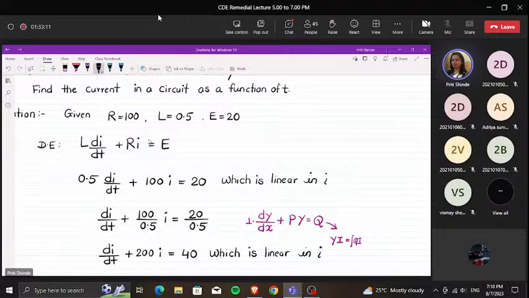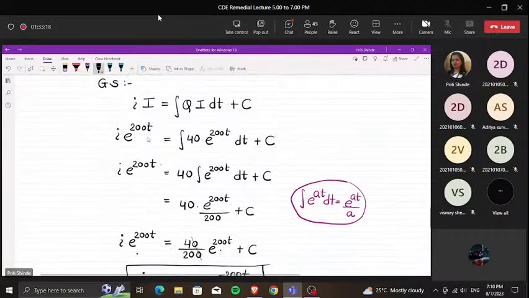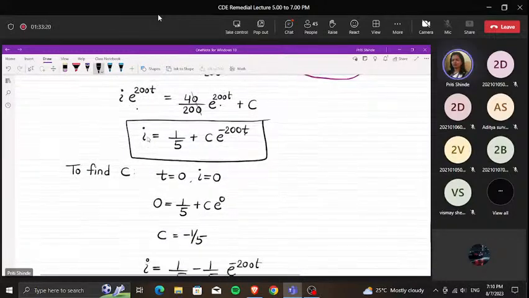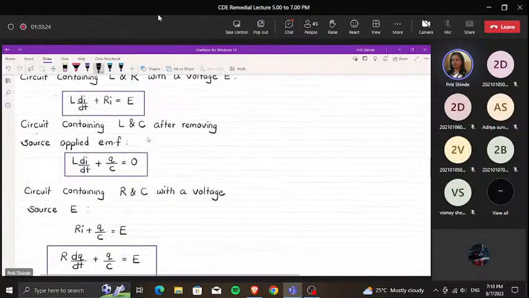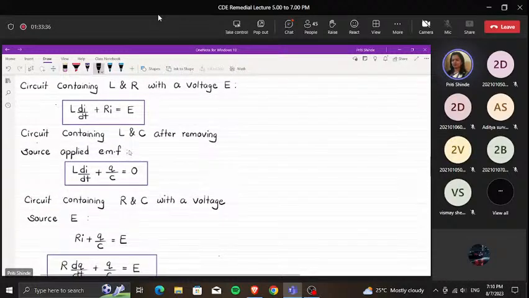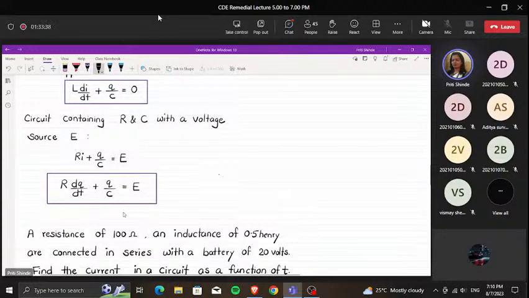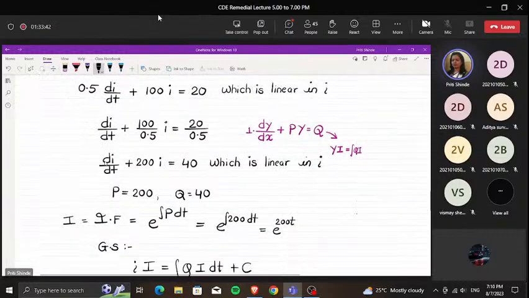Similarly, here you have to solve this linear differential equation in i. Find the integrating factor and the general solution. In the exam, any electric circuit can come. So you have to remember these three equations and solve accordingly. LR circuit is linear in i, RC circuit is linear in Q. So accordingly solve your electric circuit.